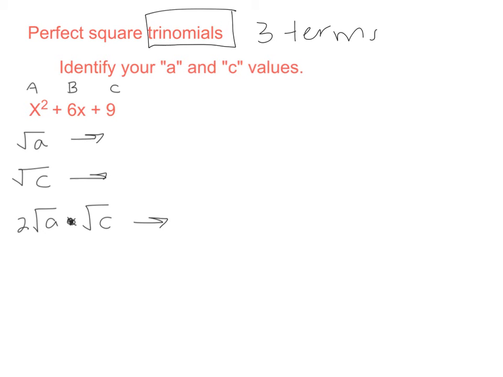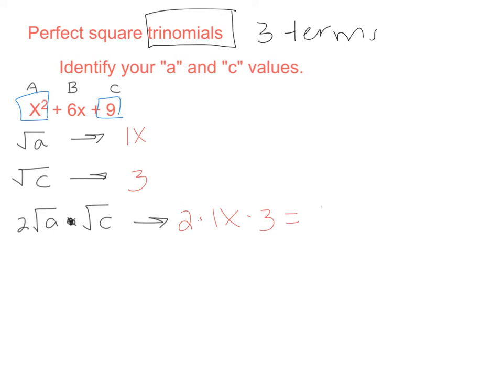We're going to work with this little template here, this little legend, to see if this is a perfect square trinomial. So the square root of a is 1x, or x. The square root of c, here's our a, here's our c, is 3. So now we have 2 times 1x times 3.